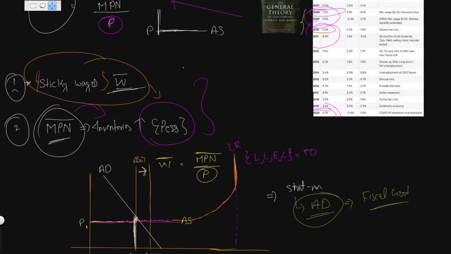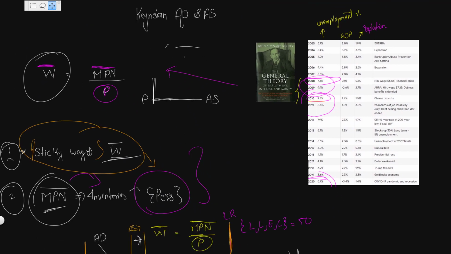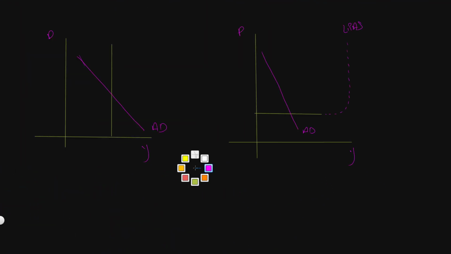To summarize it again, Keynes doesn't disagree with the classical notion. Keynes simply argues that the classical model in the short run doesn't apply, and he argues that in the short run, because of sticky wages and because of inventories accumulation, if we increase aggregate supply in the short run, it will have no impact on the output level.